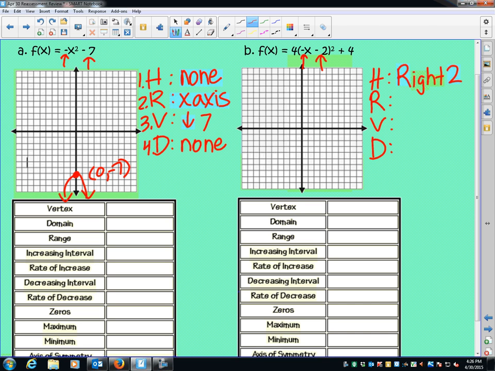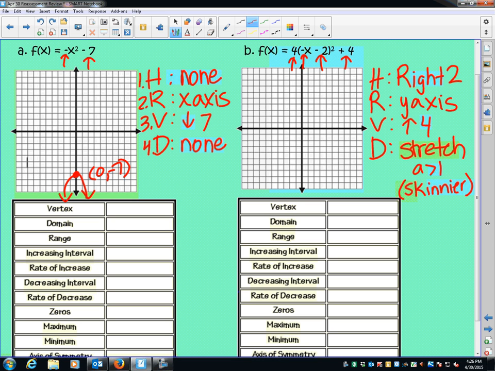When it's inside the parentheses with the x, it is a y-axis reflection. Our vertical shift is up 4, and then our dilation is a stretch. And remember, that is when the number a is bigger than 1. Okay, so because 4 is bigger than 1, it's a stretch, which means it gets skinnier.